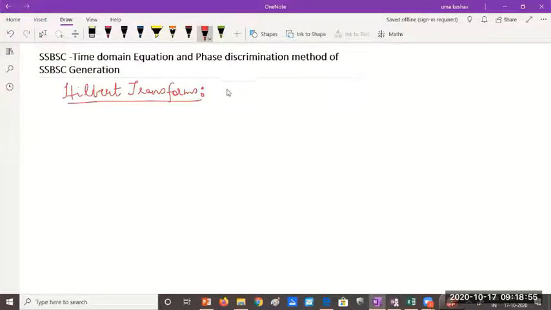So the Hilbert transform of any signal, say a given signal x of t is cos 2 pi fct.